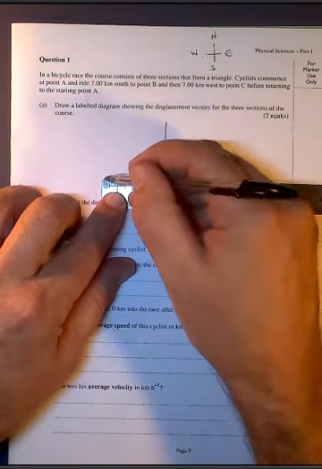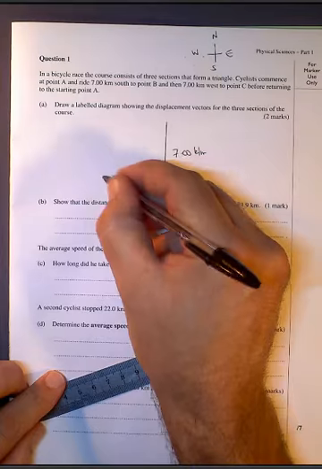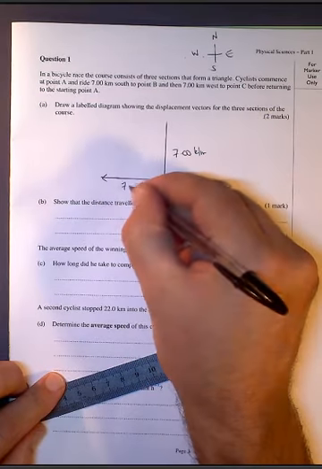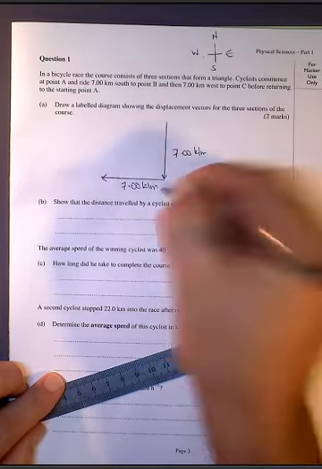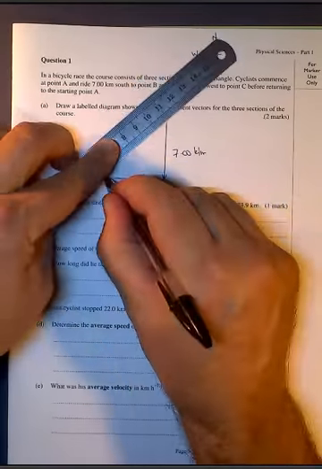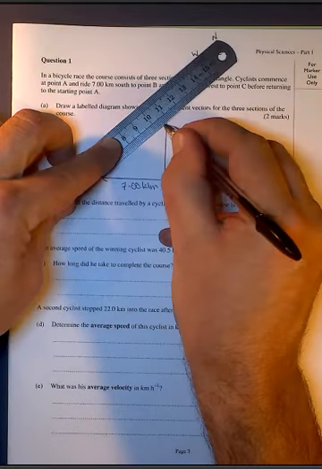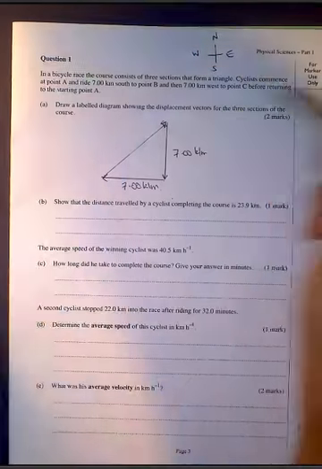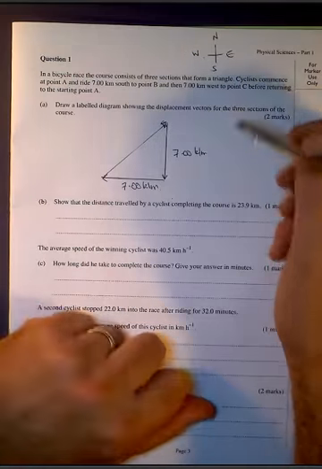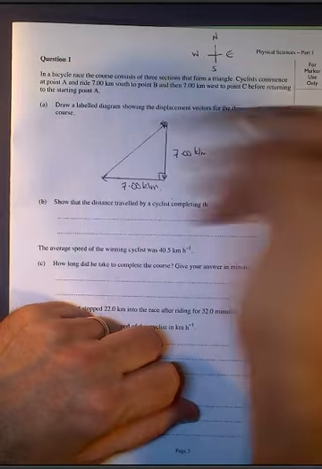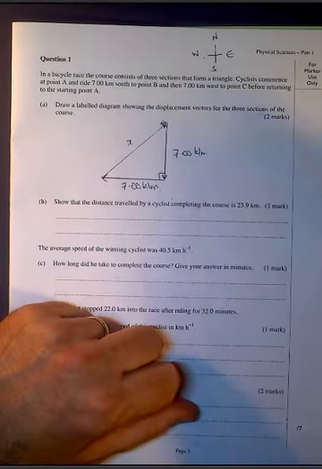Let's bring that out to about there, and that is 7 kilometres west, and then they're going back again to the start. Draw a labelled diagram showing the displacement vectors for the 3 sections of the course. Well, there you go. And that one we can call distance x, because we don't know what that is.